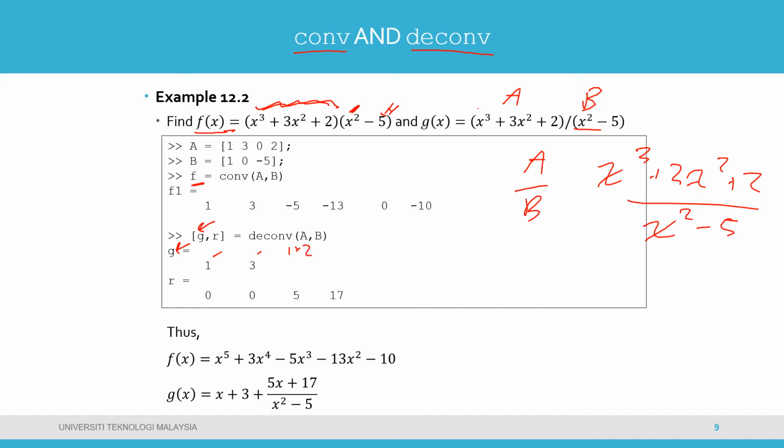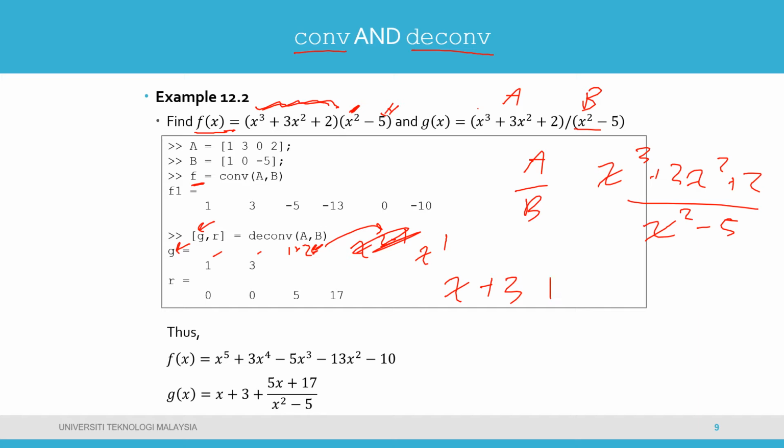Remember, if 1 multiplied by 2, the highest order is x power of 2 minus 1. So take this value and put here minus 1. So basically the highest power is x power of 1. So after that you can just write it back. So x plus 3. Okay, x power of 1 is x, plus 3, x power of 0 is 1. Okay, so you get x plus 3.